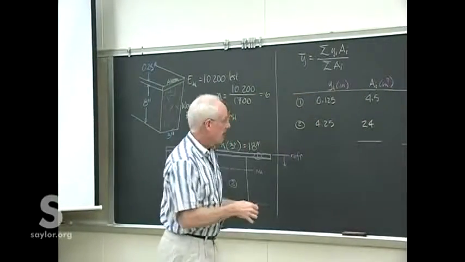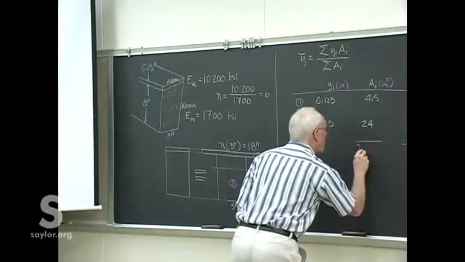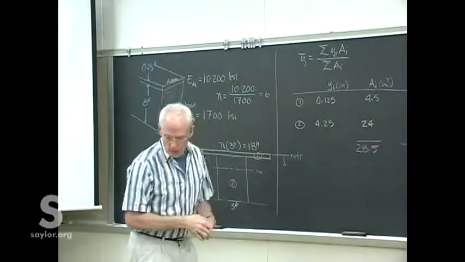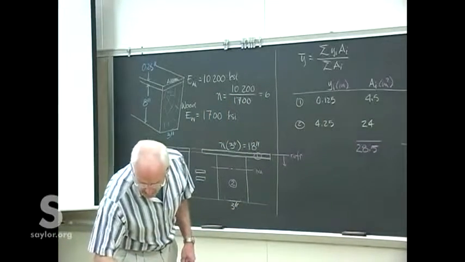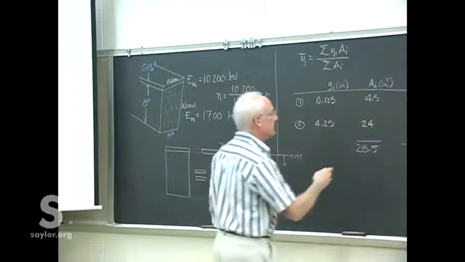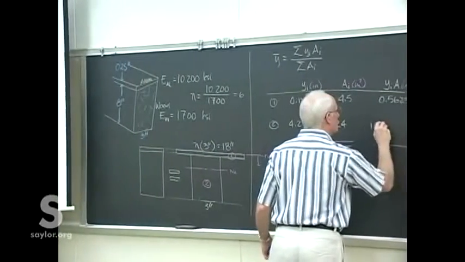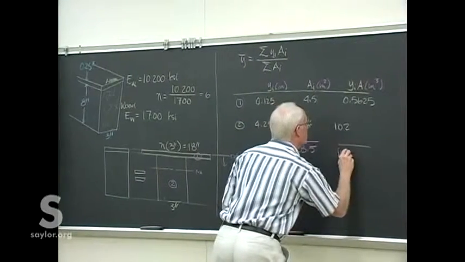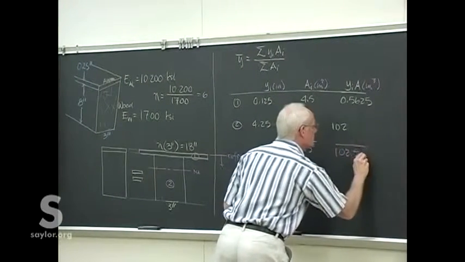So we can add up the area, 28.5. And Y bar, or Y times A for that individual piece is 102. So we know this to be then 102.5625.